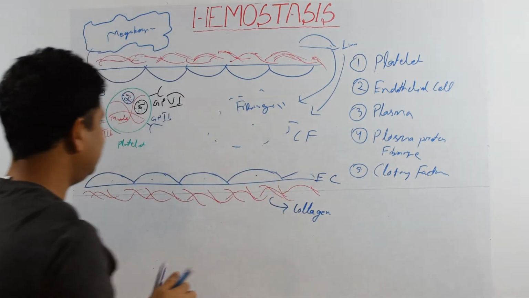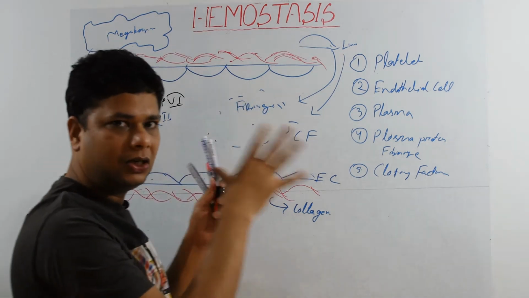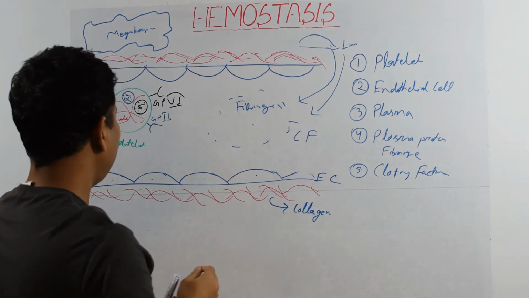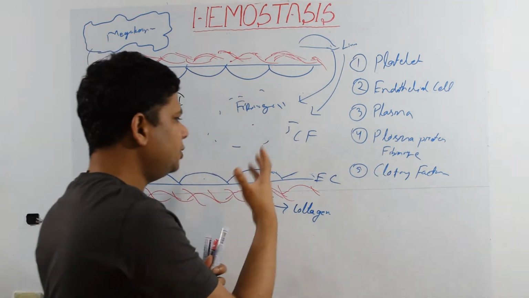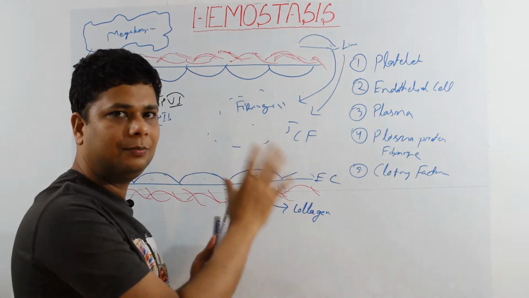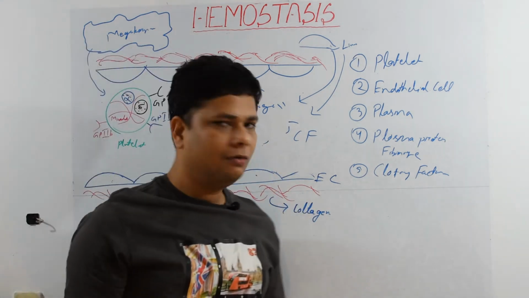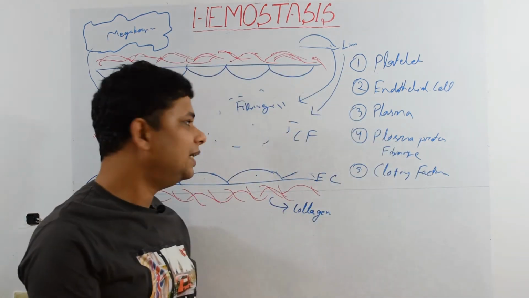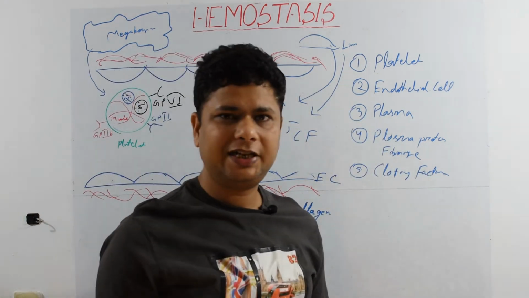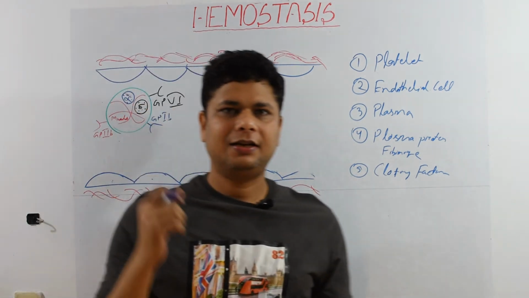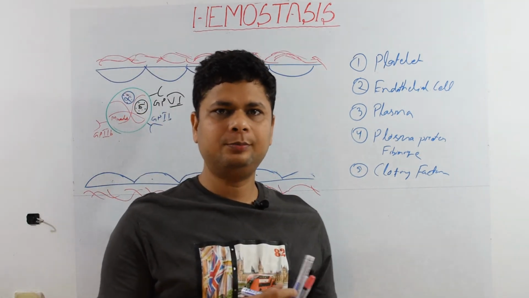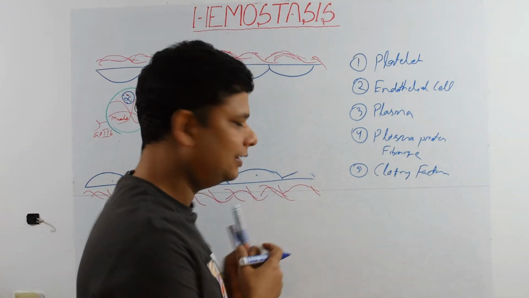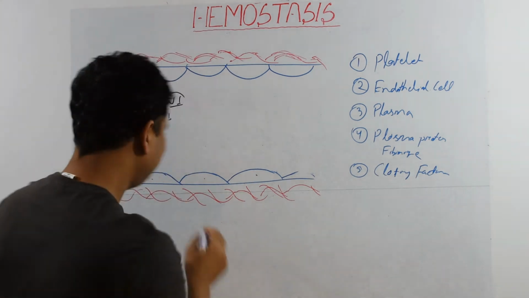So the question is why they are not forming the clot. When we know why we do not have a clot in normal condition, we will understand how clotting happens. First we need to know why there is no clotting in normal condition. When platelets are derived from megakaryocytes, they are present as inactive. Who makes them inactive?